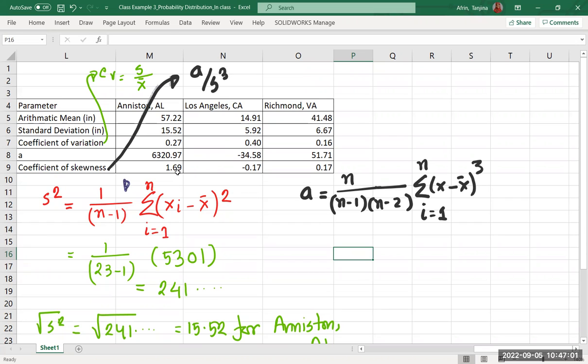Alabama has the most skewness, maybe because Alabama as a state gets enough rainfall. Obviously, you can see that 57.22. So maybe they got around 57 a lot. That's why they have a huge skewness. But the other two are kind of the same, just in two different directions, right?